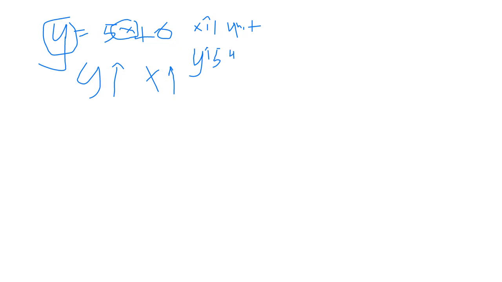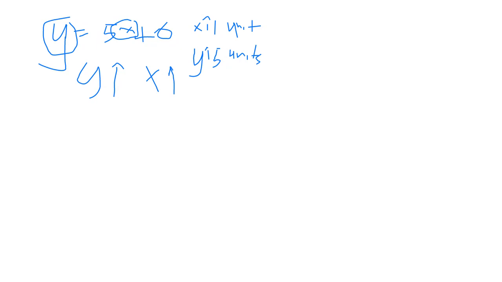So for instance, if x is 0, we can see that y is 6. Now if I increase x from 0 to 1, this y will increase by 5. So if I put 1 here, I'll get 11. Now if I increase x to 2, I will get 16.